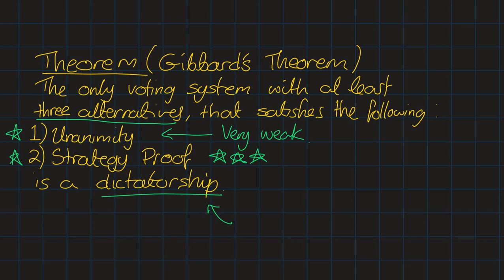But just because your voting system is susceptible to tactical voting doesn't mean it's a terrible voting system. Also, it's important to take into account the degree to which your voting system is susceptible to tactical voting. This theorem tells you that all reasonable voting systems are susceptible to tactical voting, but the level of susceptibility varies wildly.